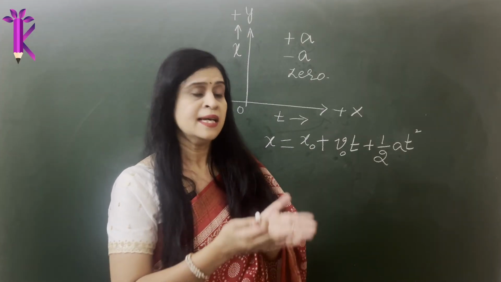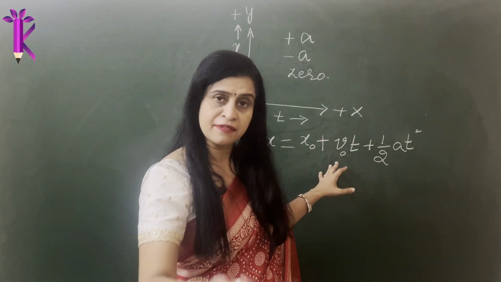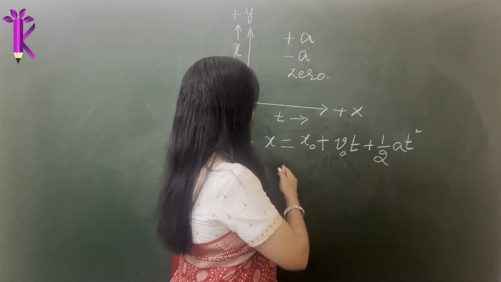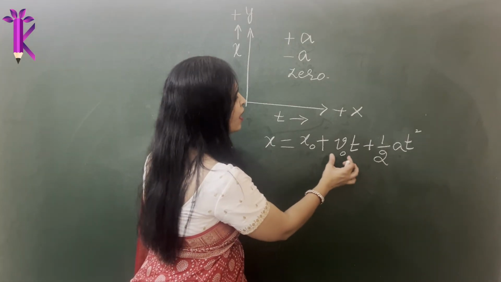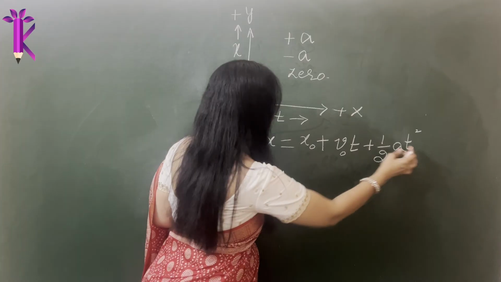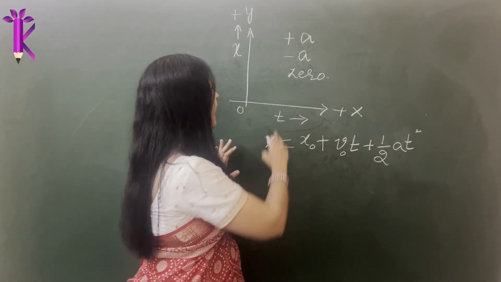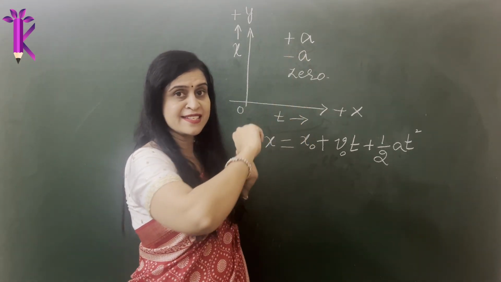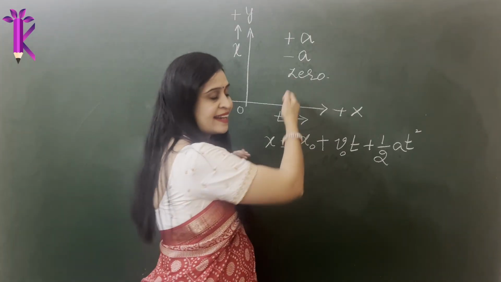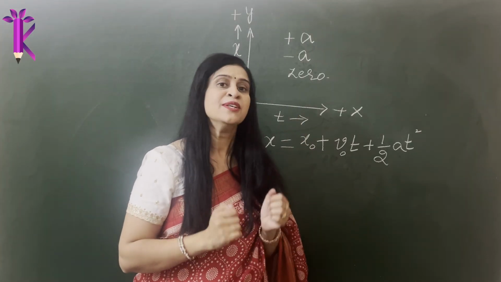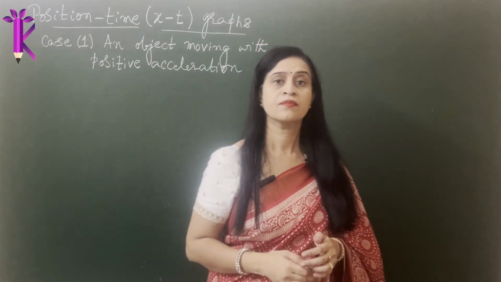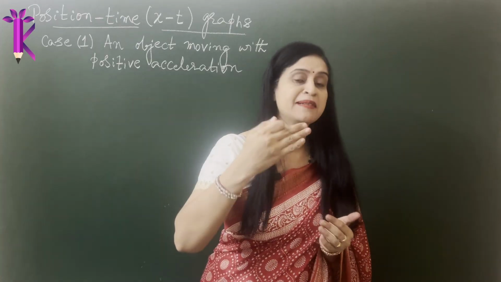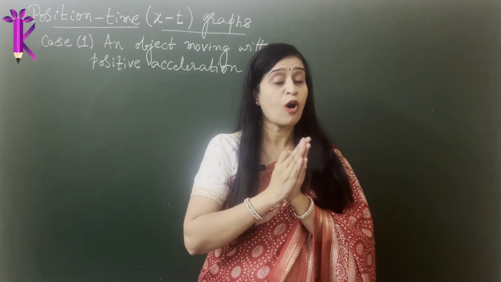So assuming that, because we are going to derive it in our further classes, we will take this equation of motion and substitute for different values of x naught, v naught, a and t, and find the values of x, and thereby we will plot different graphs for positive acceleration, negative acceleration, and zero acceleration. So let's get started.